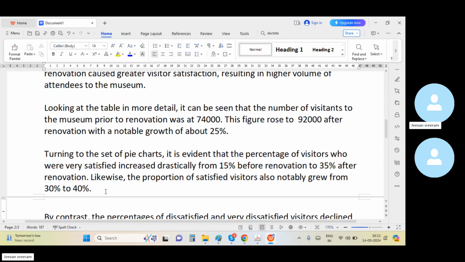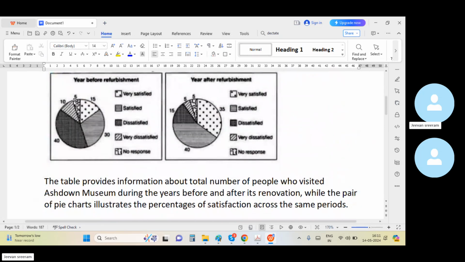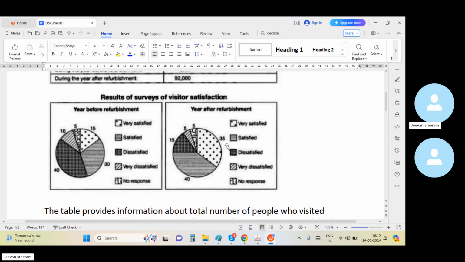If you really want to write, you may even write a sentence like: almost 70% of the people were satisfied after renovation, right? Almost 70%, no? Dissatisfied and very dissatisfied, how about the percentages? 5 plus 15, 20%.